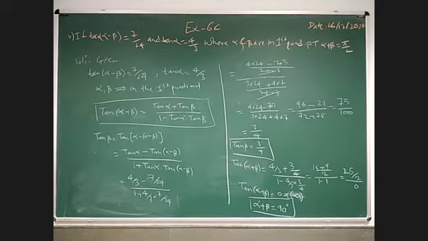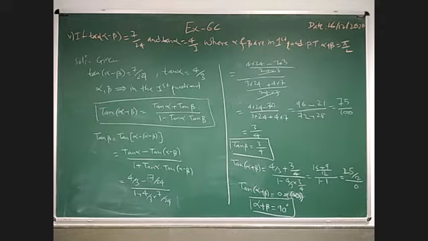24 into 3, that is 72. Sir wrote correct only. Yes sir, but we did not prove pi by 2. Pi by 2.